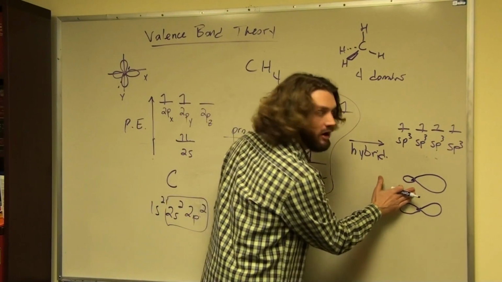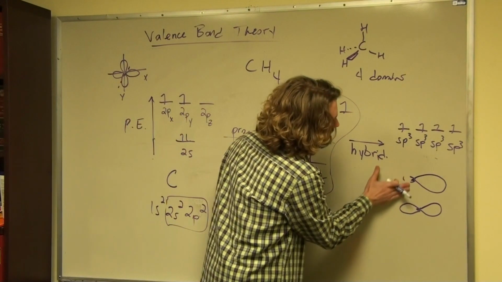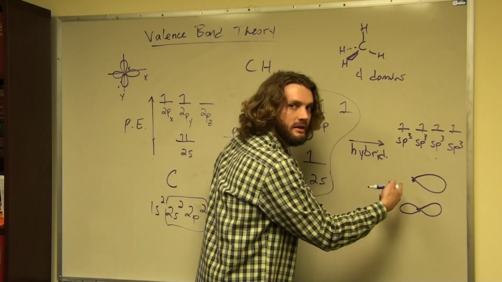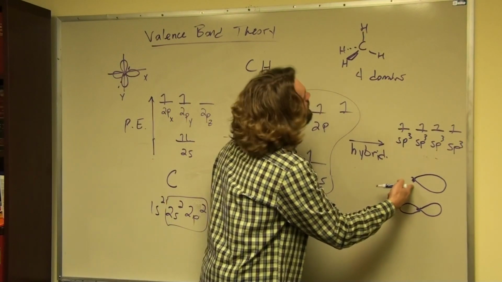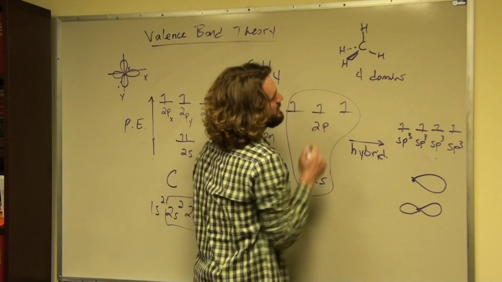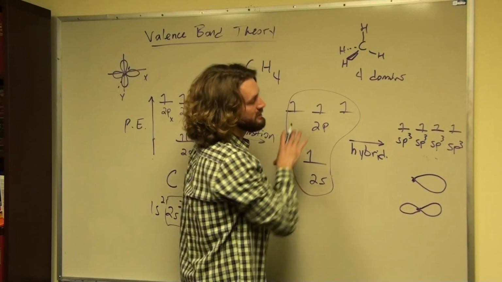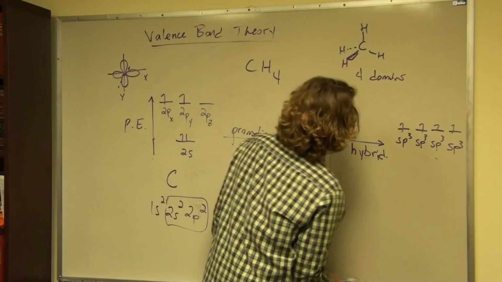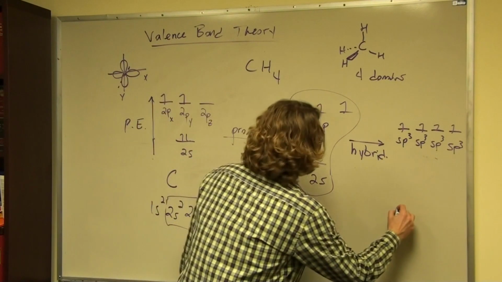Most of the time when we draw these hybrid lobes, we forget about the back end. So this would be how I'm going to draw the picture, kind of like VSEPR for a tetrahedral methane molecule, but showing those sp3 hybrid bonding orbitals. So now let's draw the picture really quick down here below it. I've got my carbon.